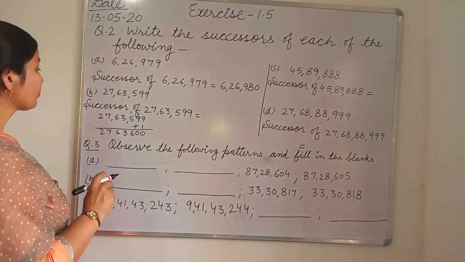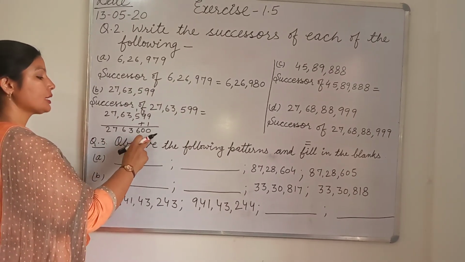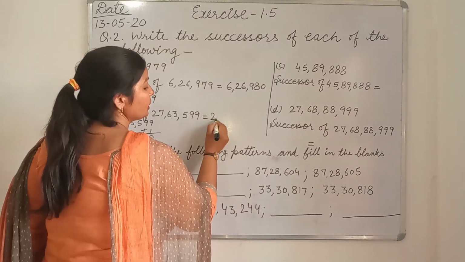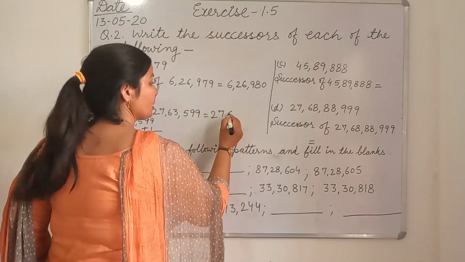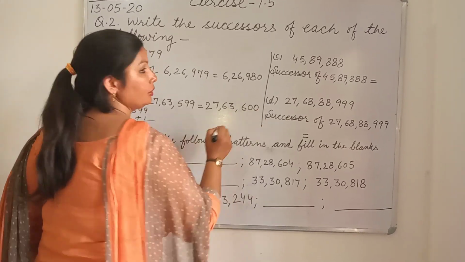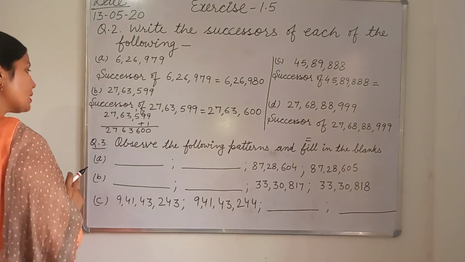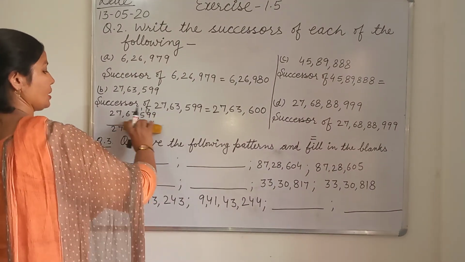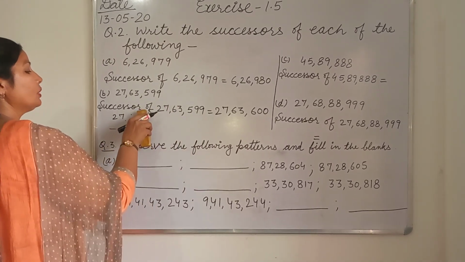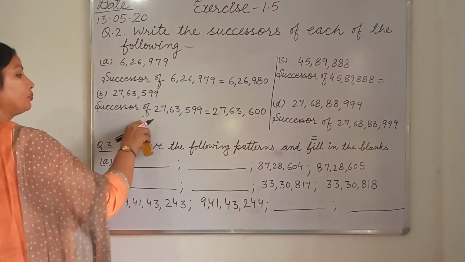So it becomes 27,63,600. Okay, have you got it? So like this we will do plus 1 for the successor. But that addition you can do in the rough notebook. No need to show it in the fair copy. Only in the rough you can do like this.